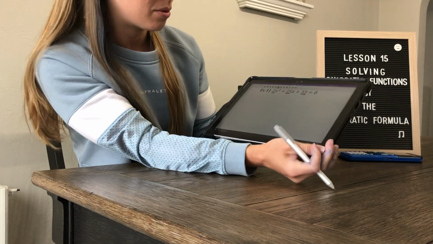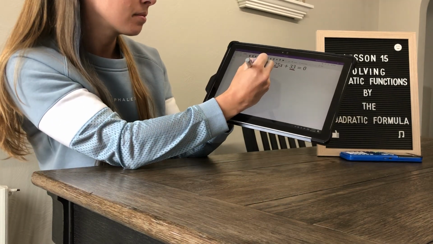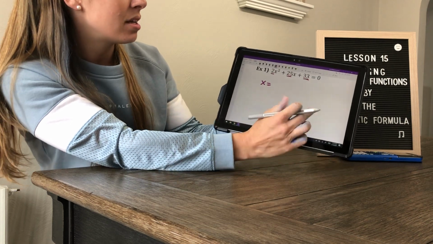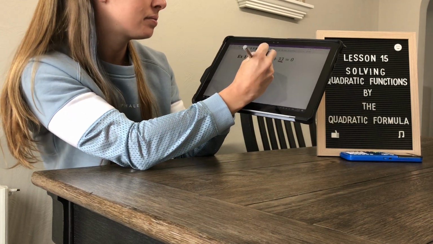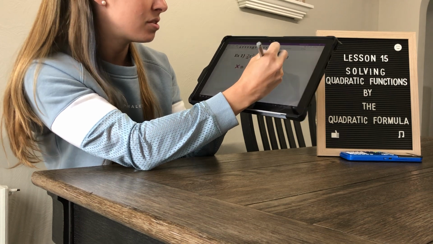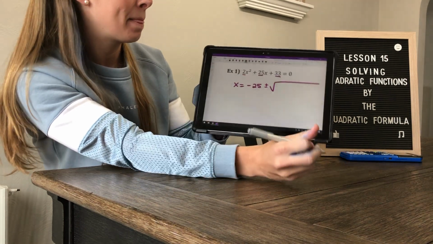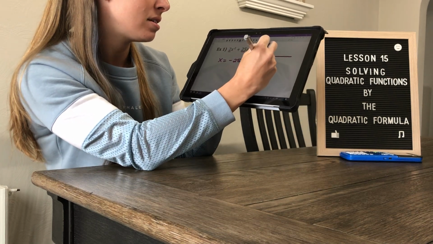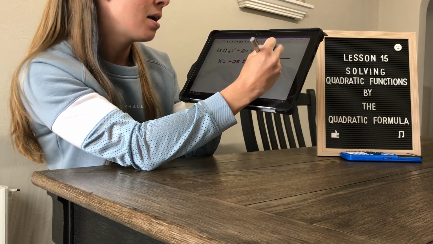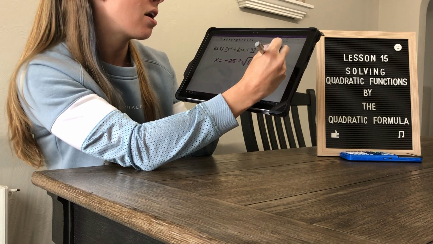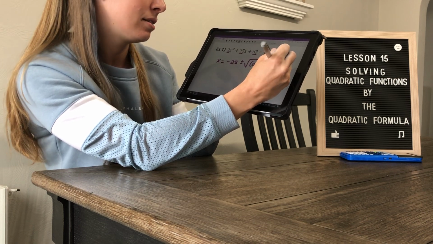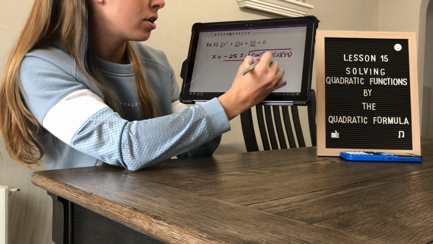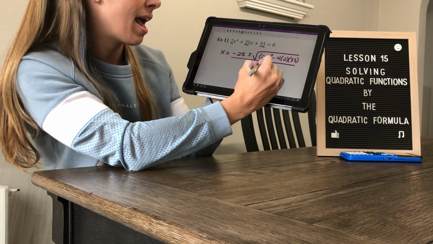So x equals the opposite of b, which is a negative 25, plus or minus square root. Under the square root is b squared, so I'm going to put that in parentheses because it could be negative sometimes, minus 4ac, all over 2a.